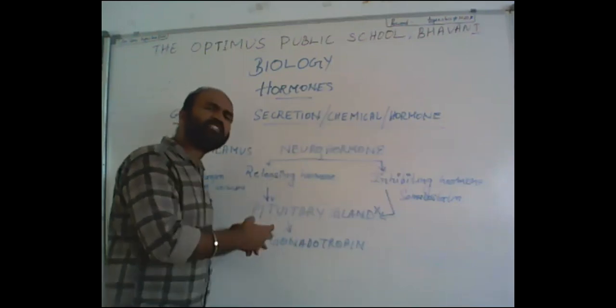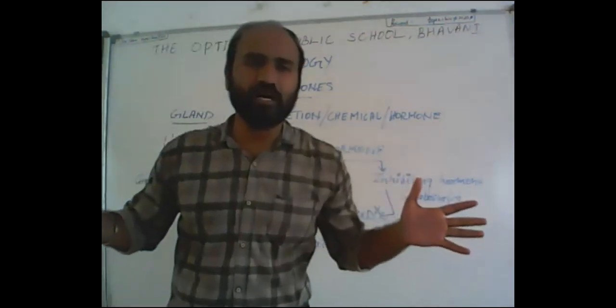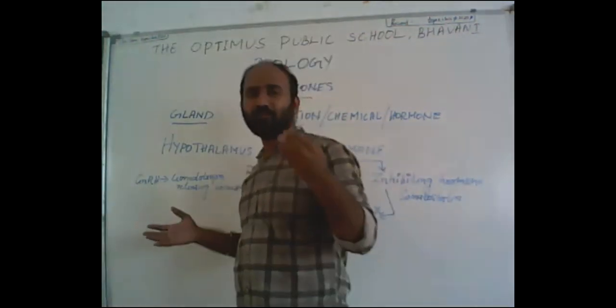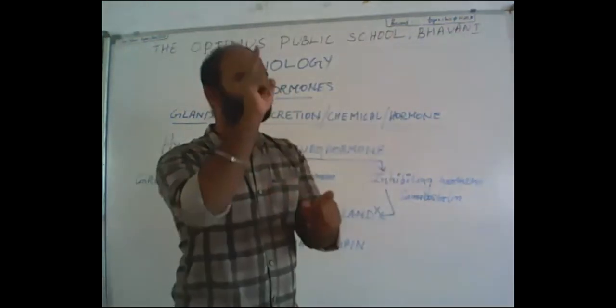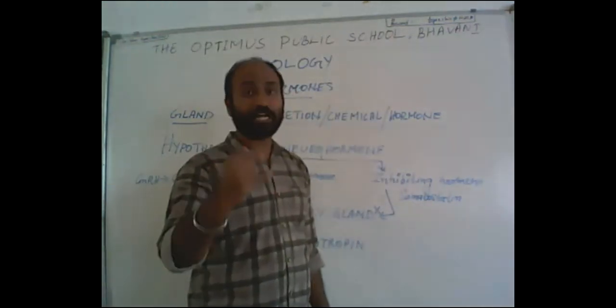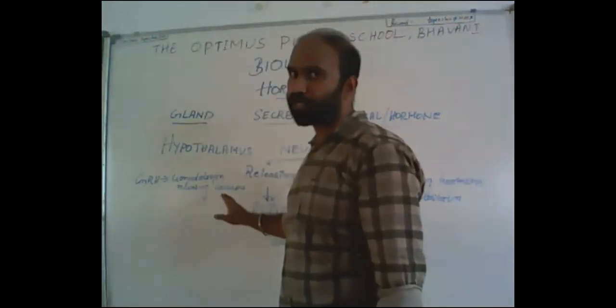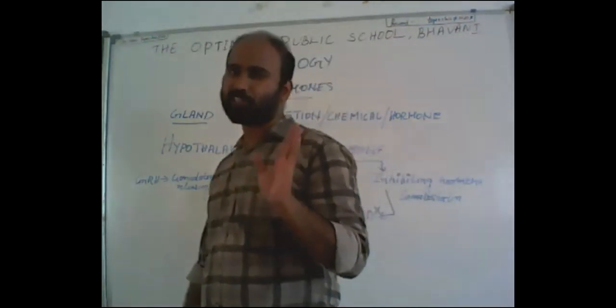The pituitary gland secretes a lot of hormones, the most famous being the gonadotropins. When we discuss the pituitary gland, we'll discuss that. Now we are only focusing on the hypothalamus.